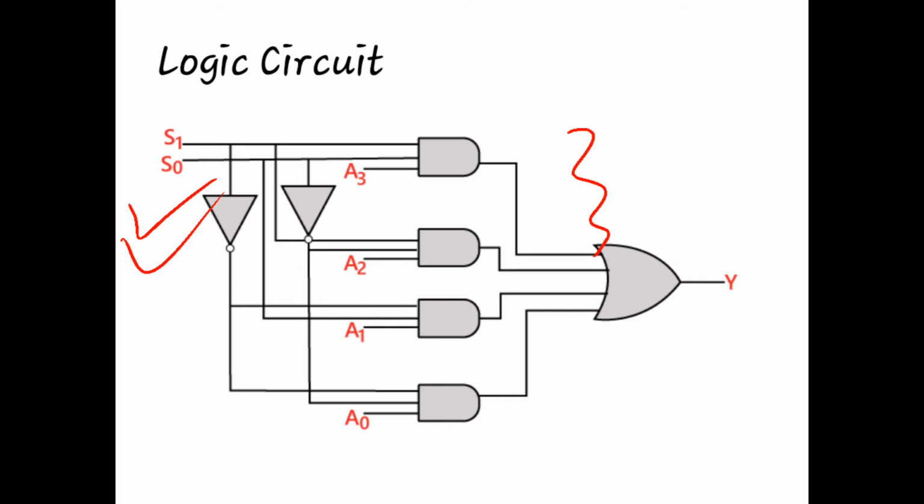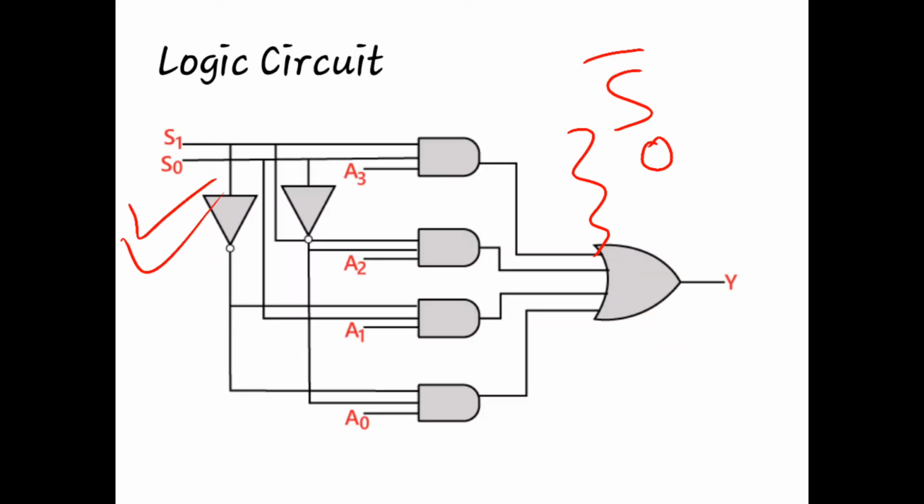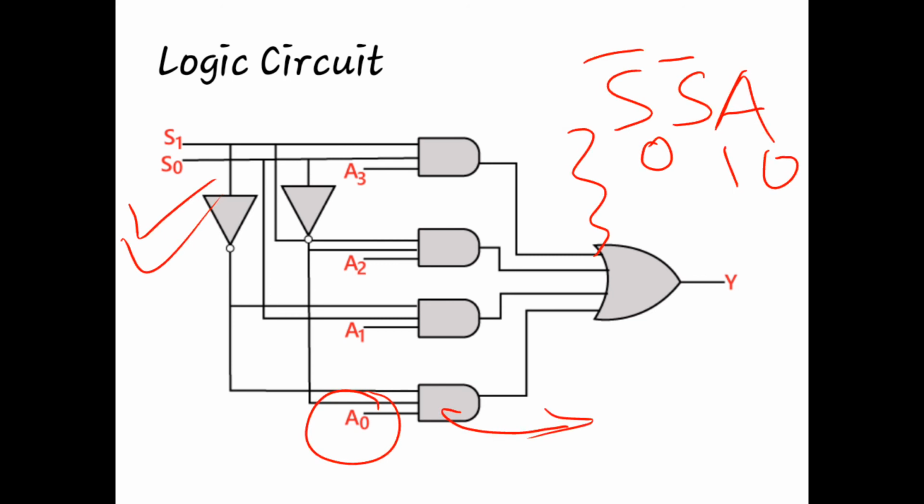You can see here the first term with respect to this expression is S0 bar, S1 bar and A0. Now you can see here it is A0. You can see how this term is basically designed with the help of these gates.